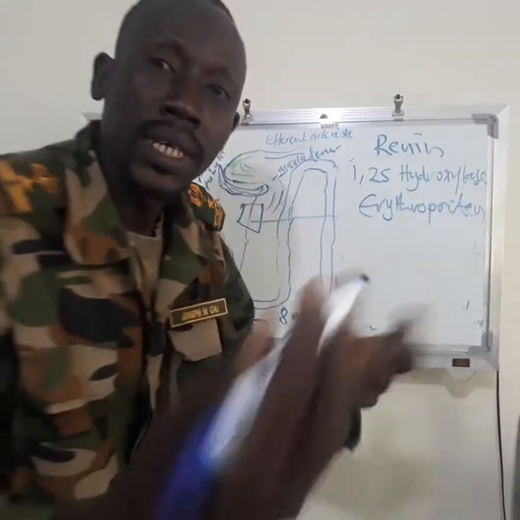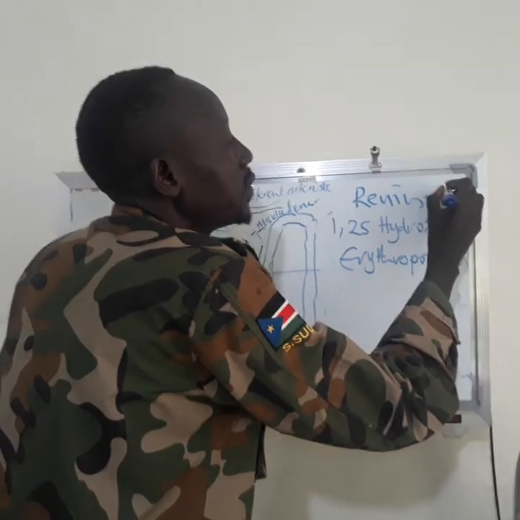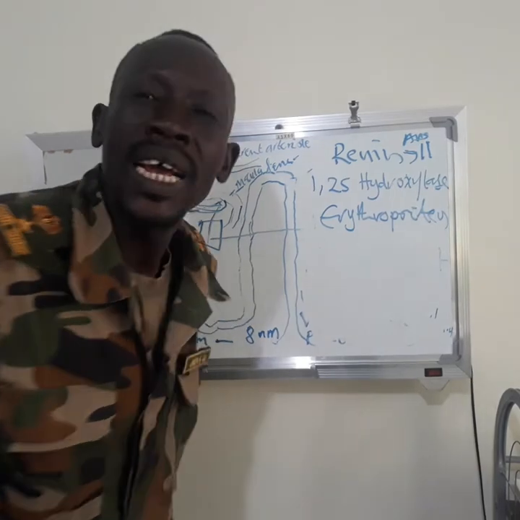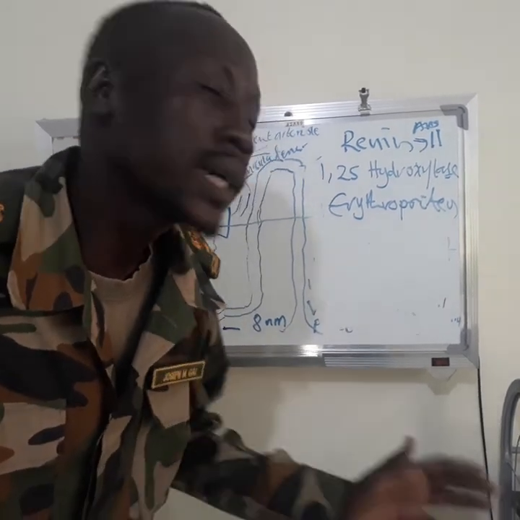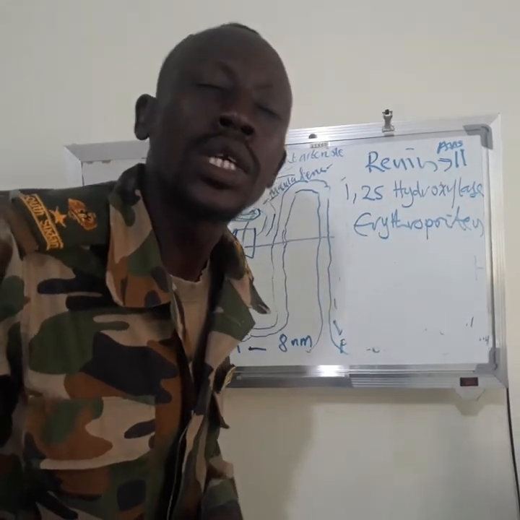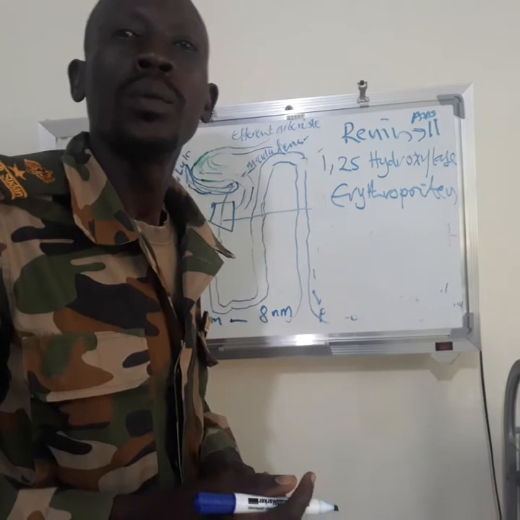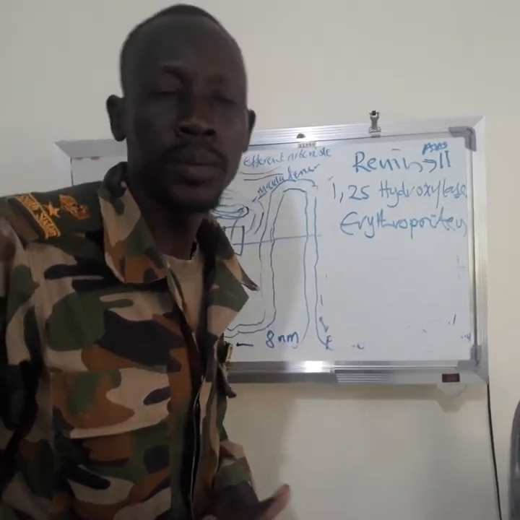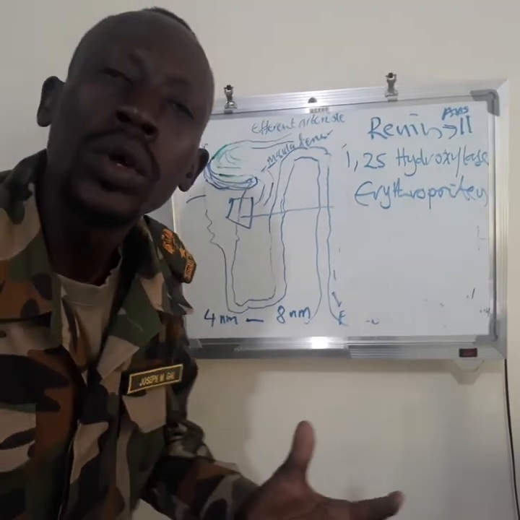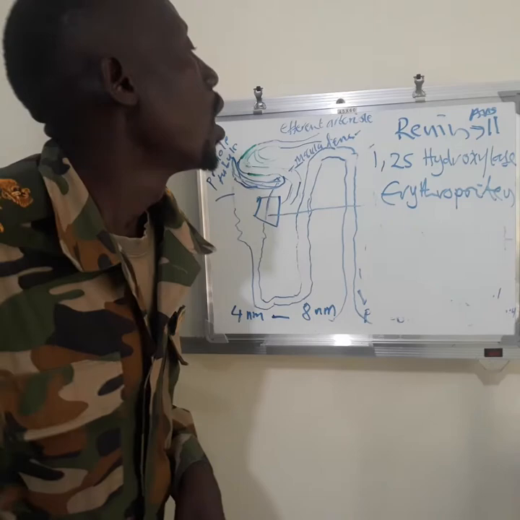Then angiotensin 1 will become angiotensin 2 in the lungs. Angiotensin 2 is converted by angiotensin converting enzyme in the lungs, and there it becomes active. Angiotensin 2 is the most potent vasoconstrictor found in the body, and it plays a role in water absorption with the ADH.